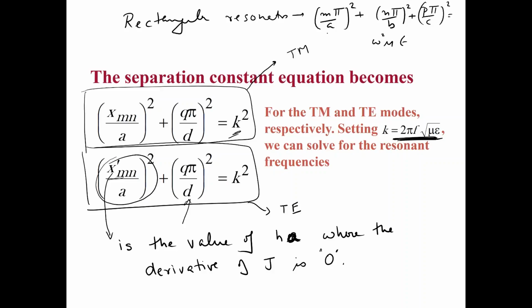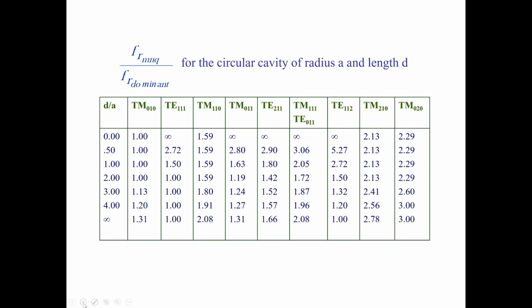So the sum of the squares of the confinement terms is equal to k square. But for cylindrical coordinate systems or for Bessel functions, you don't get the confinement in the phi direction explicitly, because depending on how the variation is happening in phi, the Bessel function is of a specific order. That's how you effectively get that effect.